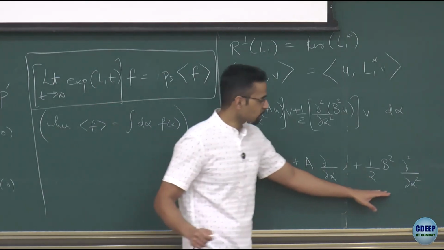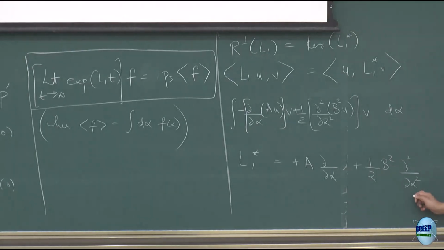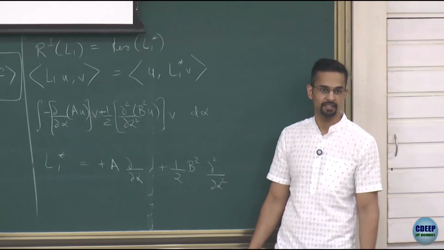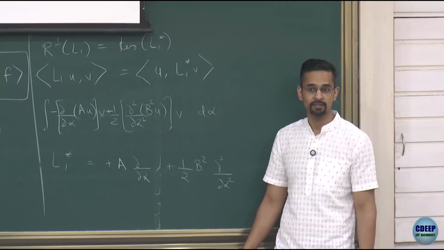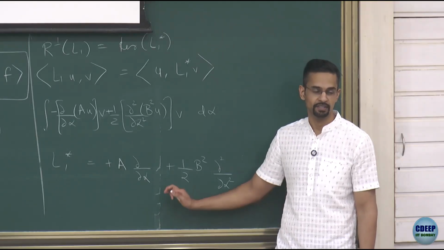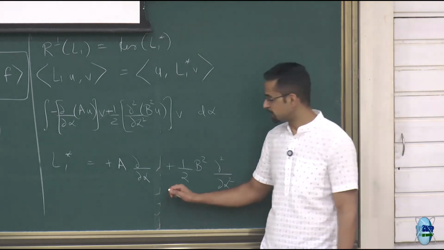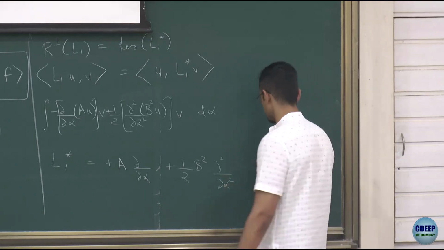Now, have you seen this operator before, relative to the usual Fokker-Planck operator where A and B are inside the derivative? Have you seen this before, where A and B come out, in the early part of our course? Right, so this is exactly the backward Fokker-Planck equation operator.